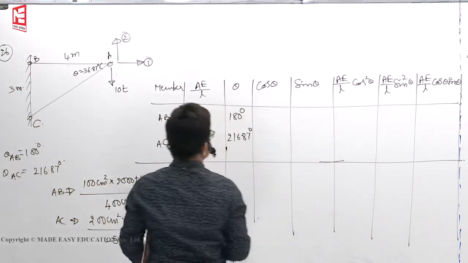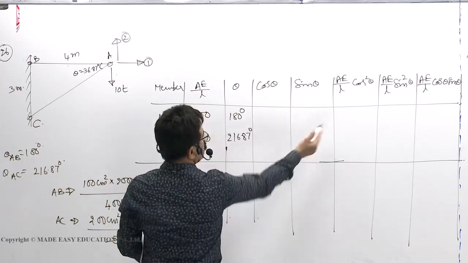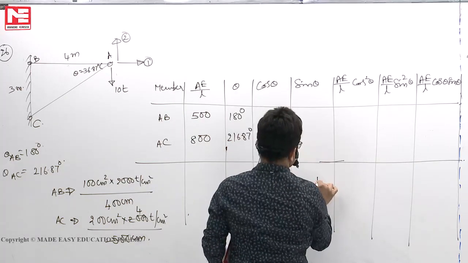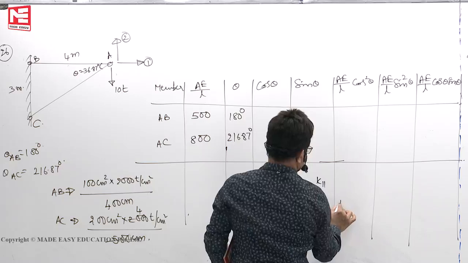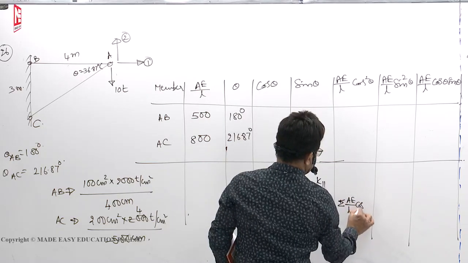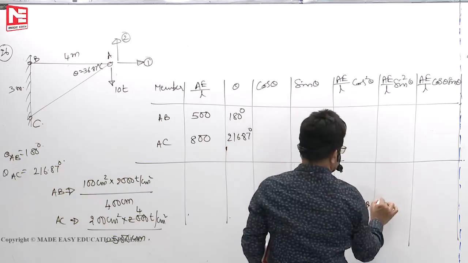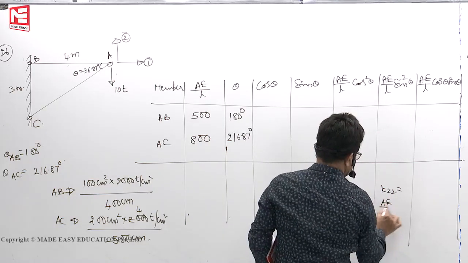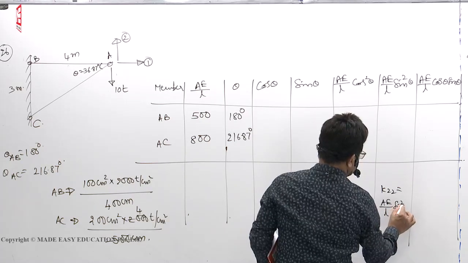Now you can fill this one. This is K11. Add them. K11 summation of AE by L cos square theta. This is K22, AE by L sine square theta.